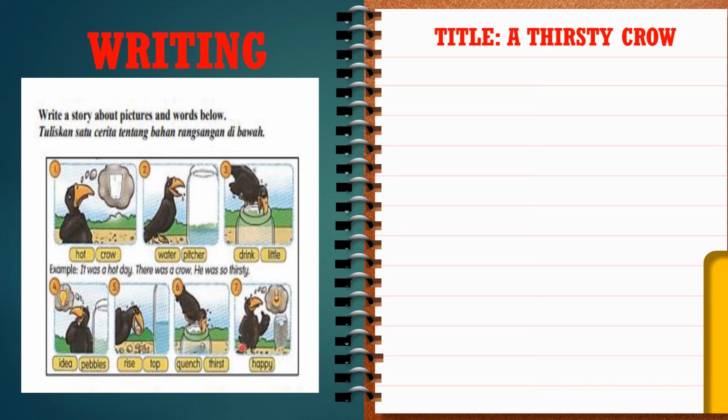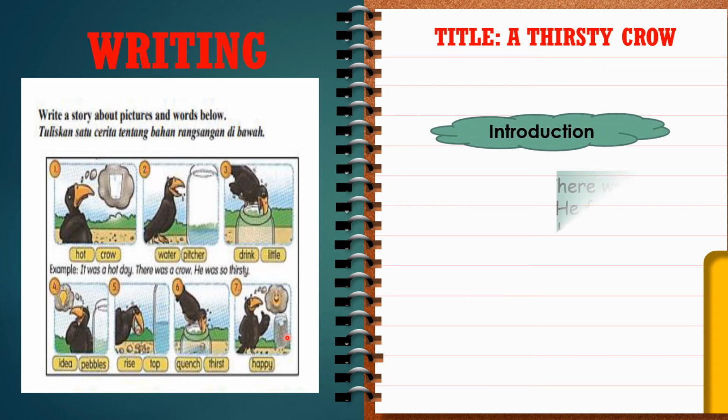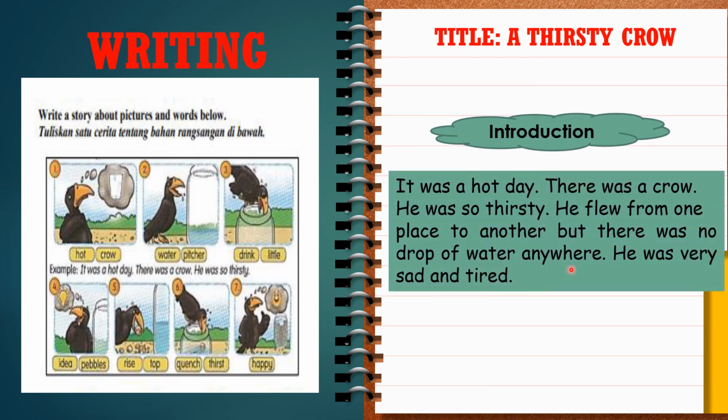This is the plot. What happened at the end of the story? Finally, the crow managed to drink the water and he was very happy. Now let's try to write the introduction. It was a hot day.